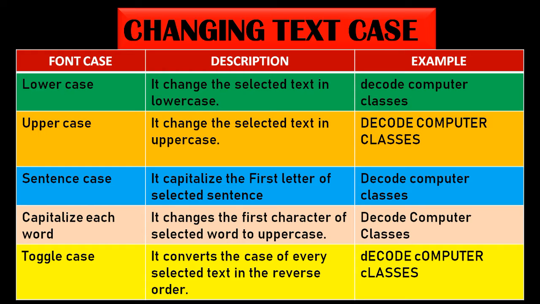Toggle case converts the case of every selected text in reverse order. Toggle case is an interesting case. The letters which are small will convert into capital, and capital letters will convert into small. So this is how the toggle case works.